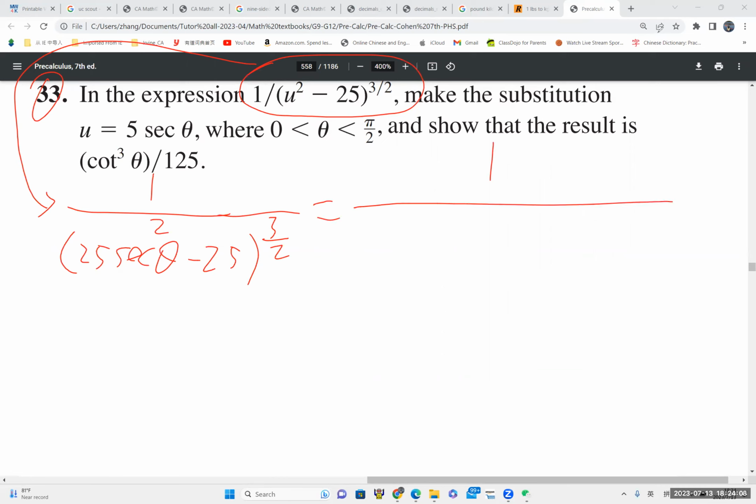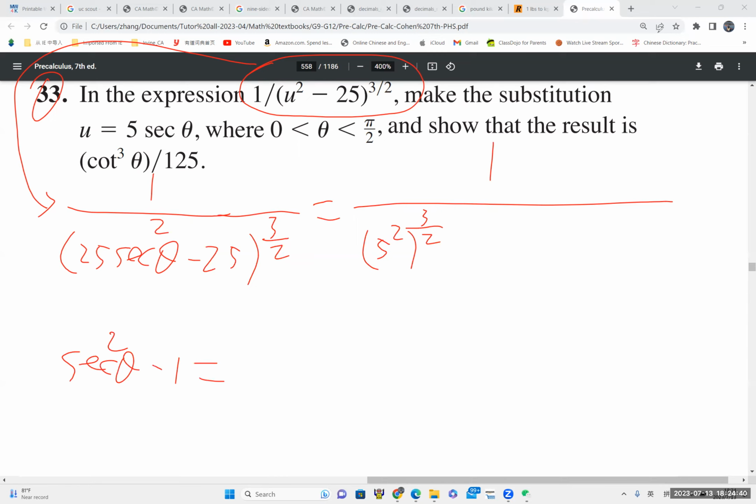Then keep going, we can write 25 as a common factor, and 25 is 5 squared, then 3 over 2. Here we need to know secant theta squared minus 1. If we are not quite sure with it, we can change it to sine, cosine.